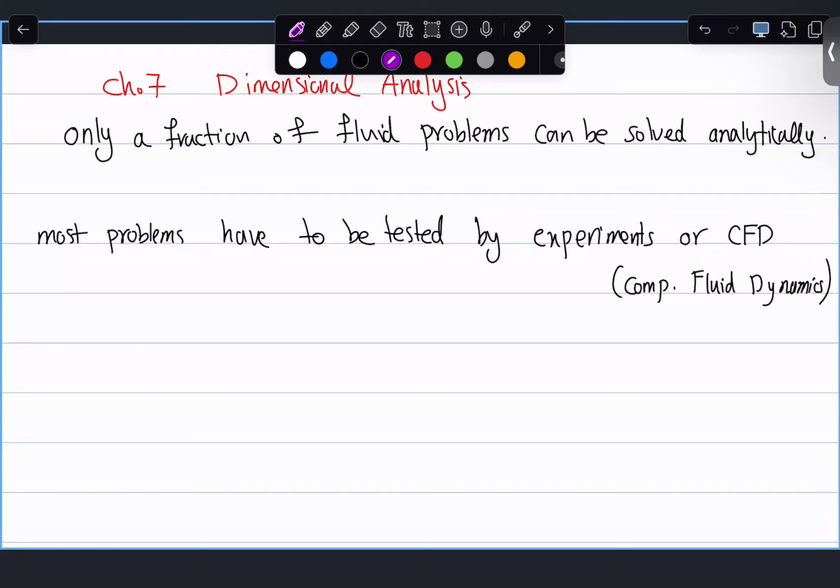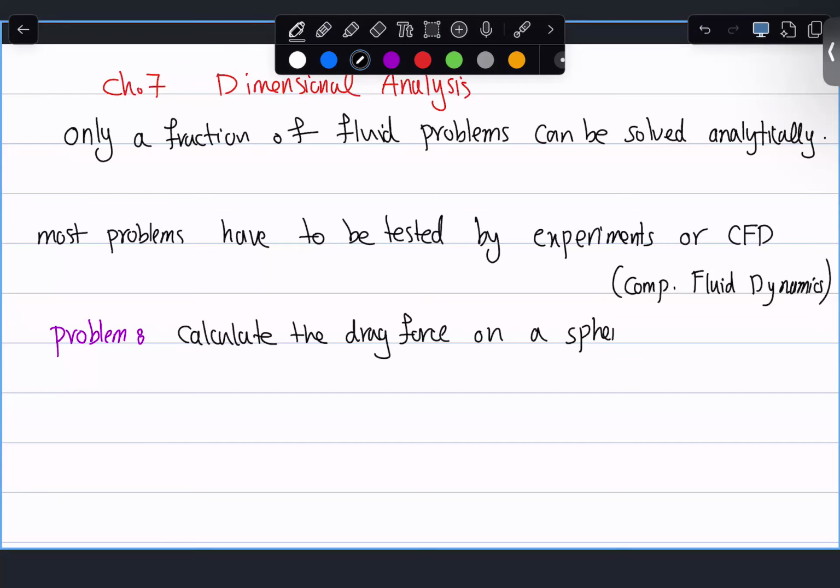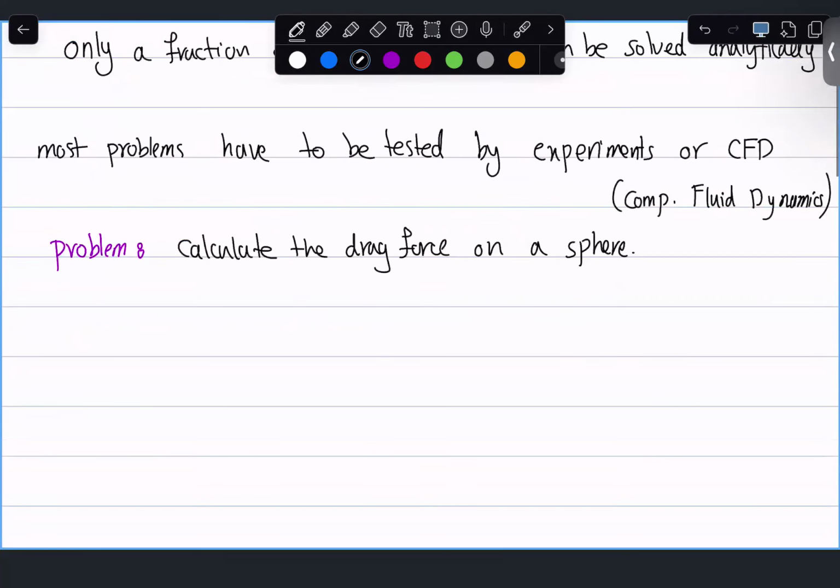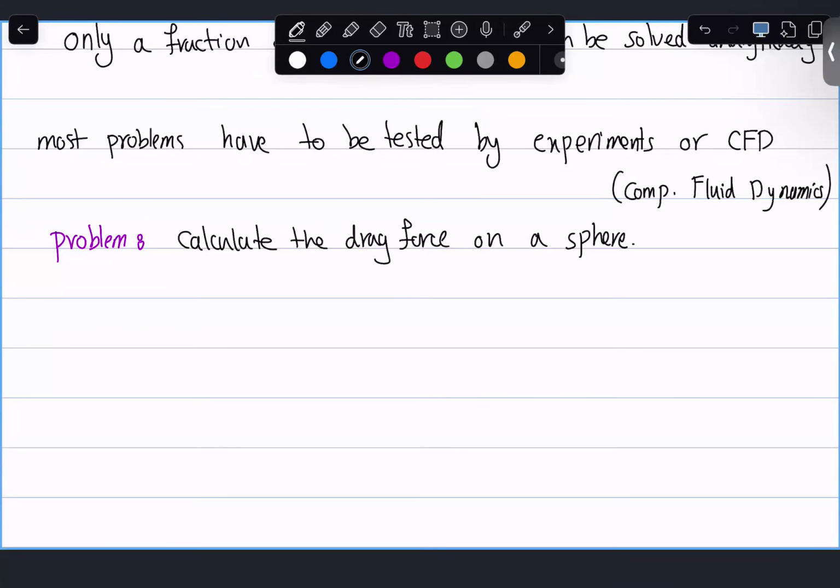Okay, so we're going to start with one example, a motivating example. Let's say this is the problem you're trying to solve. You want to calculate or analyze the drag force on a sphere. Okay, so there is a uniform flow, say going from left to right, and there is a sphere placed in this flow.